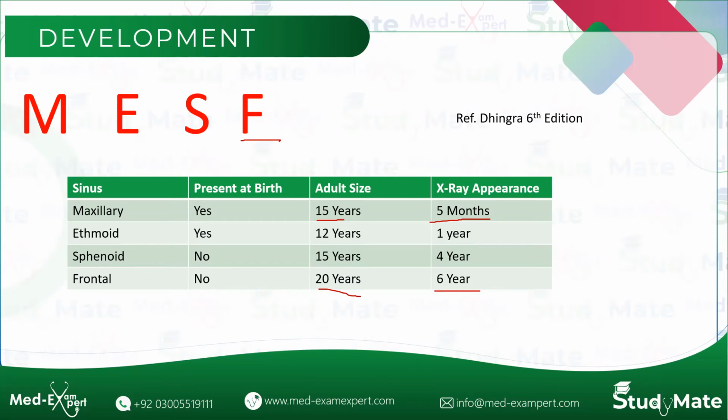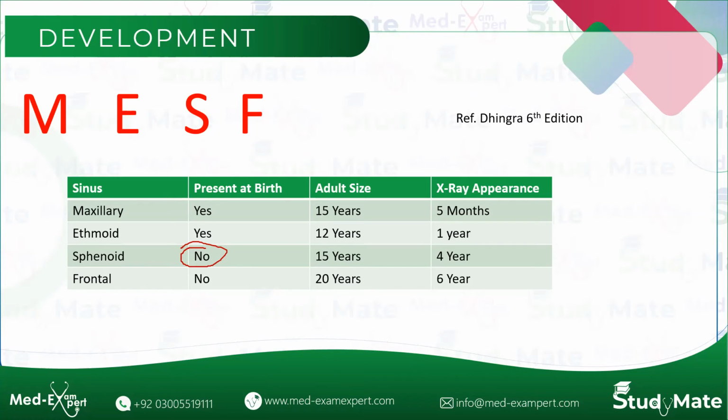एक confusion होती है इसमें कि whether sphenoid sinus is present at birth or not. ग्रेज एनाटमी में और कुछ एनाटमी की बुक्स में लिखा हुआ है कि sphenoid sinus is present at birth, और कुछ ENT बुक्स में लिखा होता है कि sphenoid sinus are absent at birth.